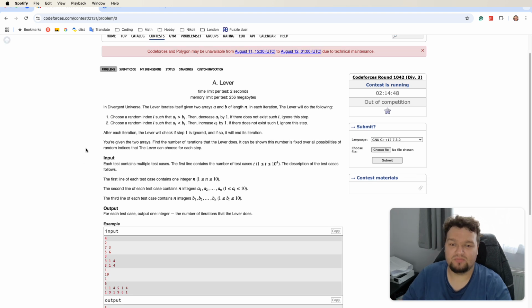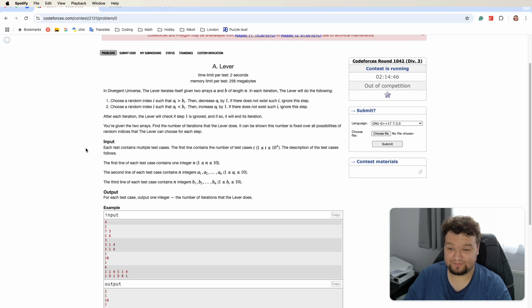Well, problem A, Lever. In a divergent universe, the lever iterates itself. Given arrays A and B of length n, in each iteration the lever will do the following. Step 1: choose a random index i such that A_i is greater than B_i, then decrease A_i by 1.